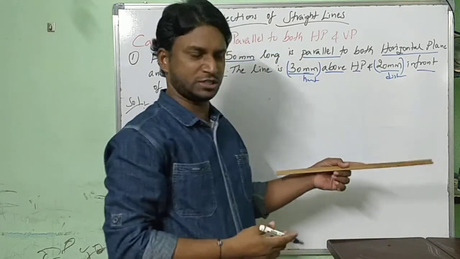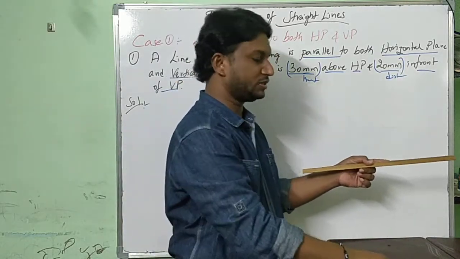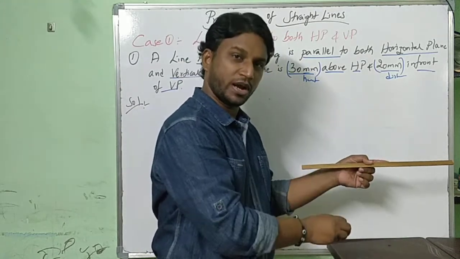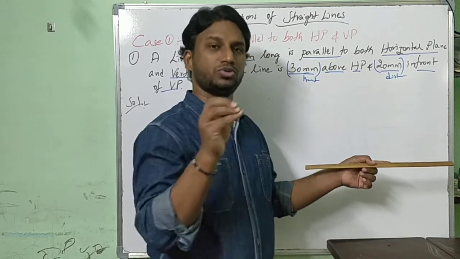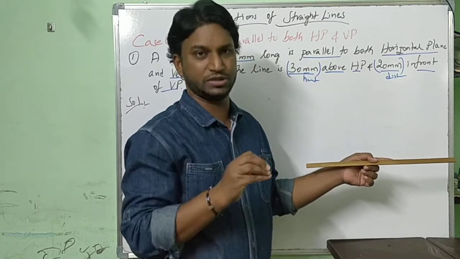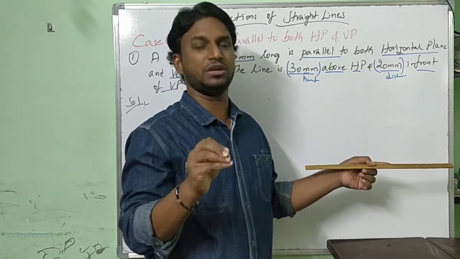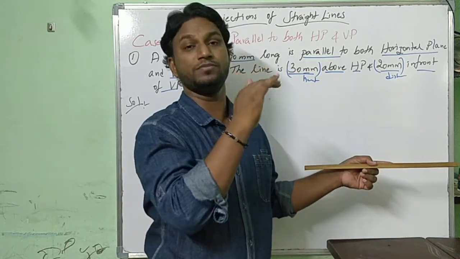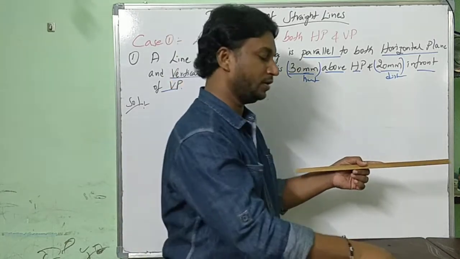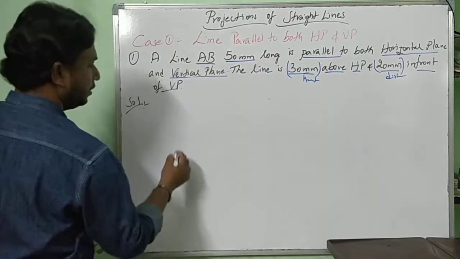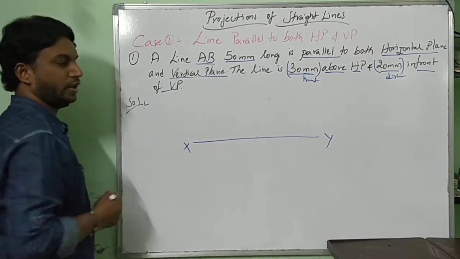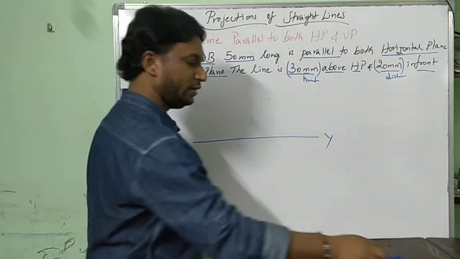Now how to draw its projections? As we are drawing the line which is located in the first quadrant, we are supposed to draw the first angle projection. In first angle projection, the front view comes above the XY line and the top view comes below the XY line, remember. So to initiate, we are supposed to draw an XY line first.